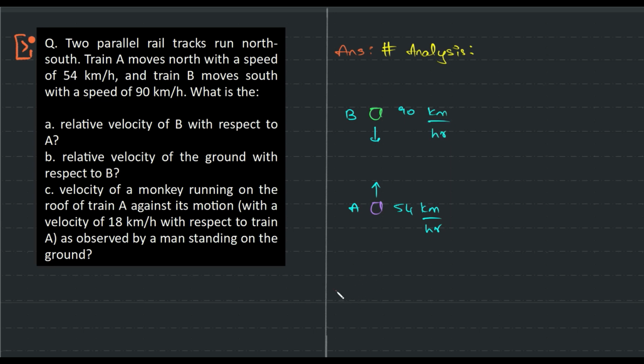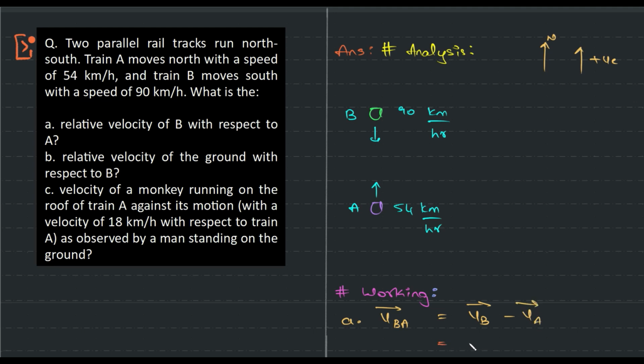So we can answer the first two questions. Velocity of B with respect to A. We'll consider north as positive. So this would be equal to VB minus VA.